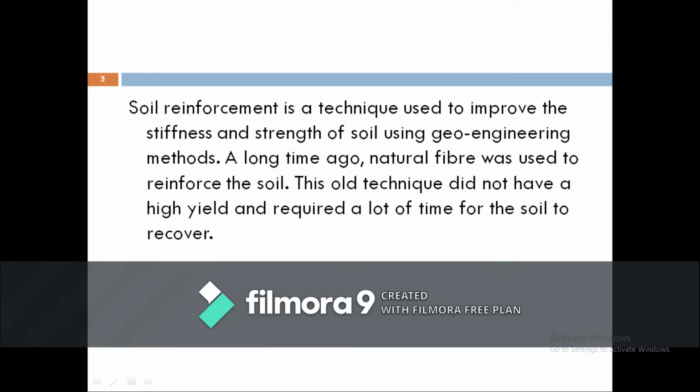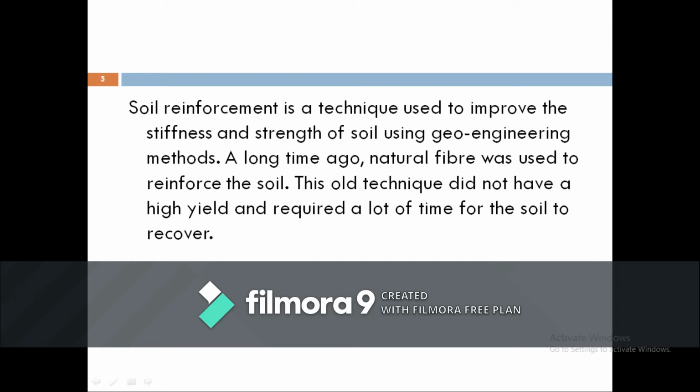All these become your soil reinforcing methods. Even though this is an old technique, it is working now for present day scenario. So soil reinforcement is a technique used to improve the stiffness and strength of the soil using geoengineering methods.